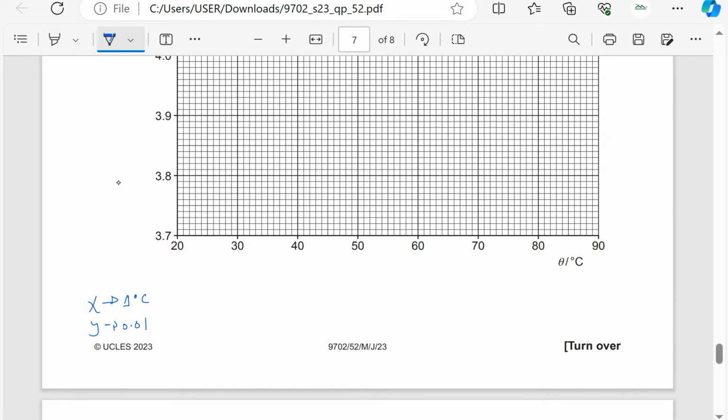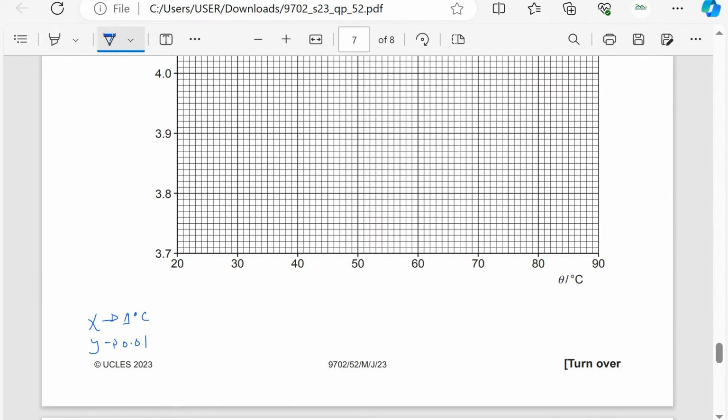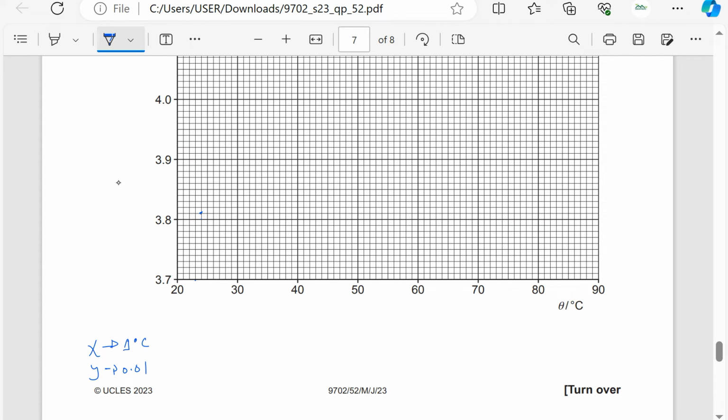Okay, so 23 against 3.81. 21, 22, 23 against 3.81. So 3.81 is one box. So this is the point. So I'll draw a small circle around it to make it visible. Then the next point is 35 against 3.99.